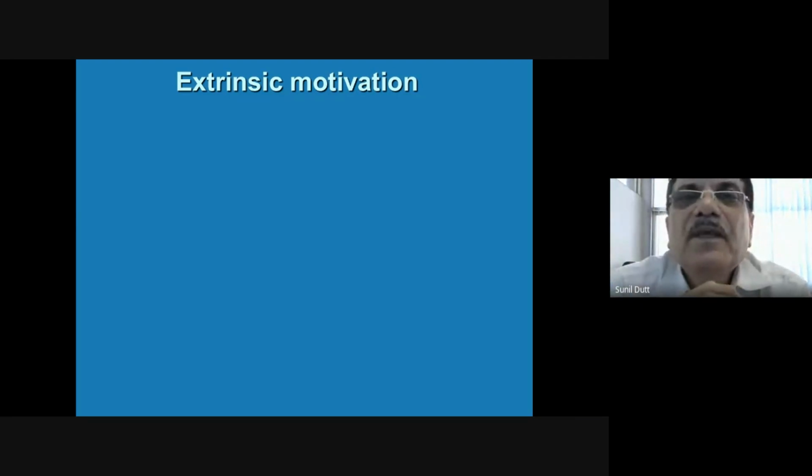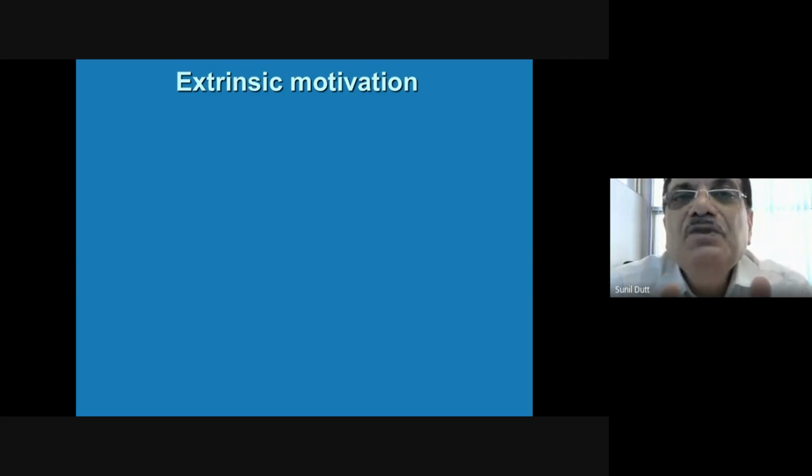You see, the parent says, if you get all A's, you will get 500 rupees as incentive, or you will get a bike. In the classroom, the teacher says, Ramesh ji, you have said very right. You are wonderful. That motivates.